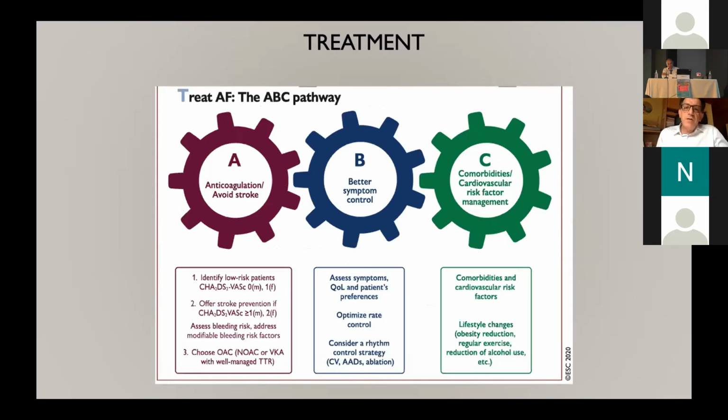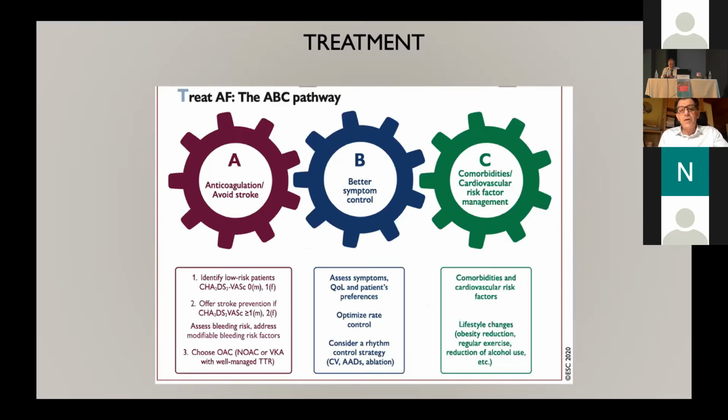Just at the end of the discussion, in my presentation, what we need to have in our mind is that these patients have to be treated very well according to the guidelines that we have. And what are the goals?